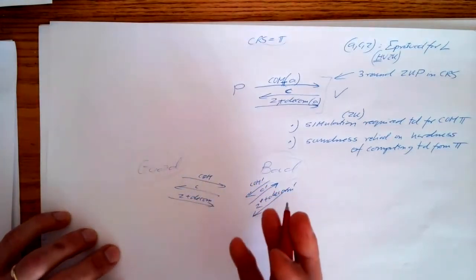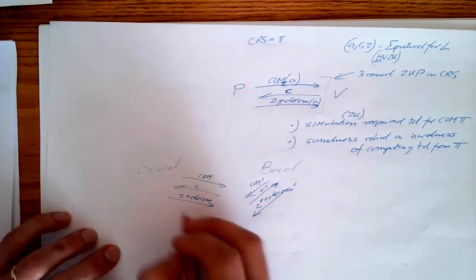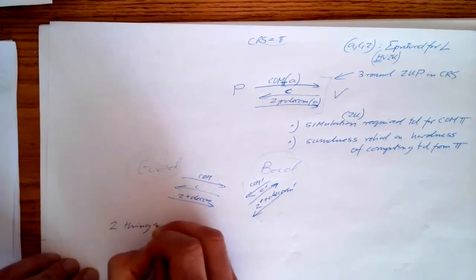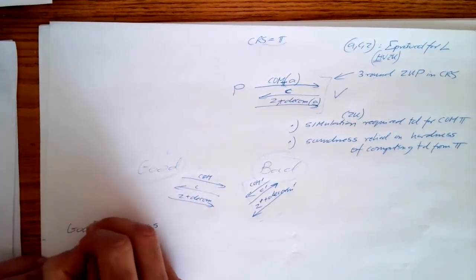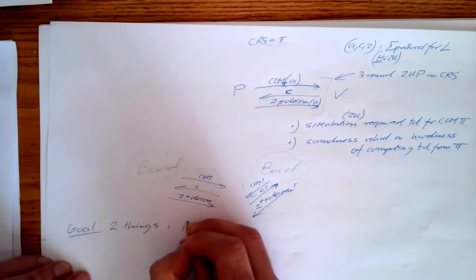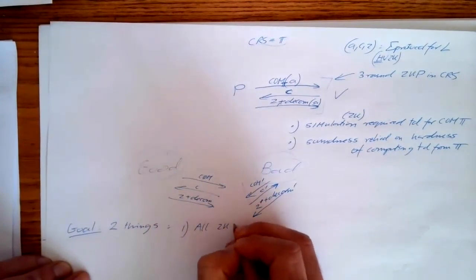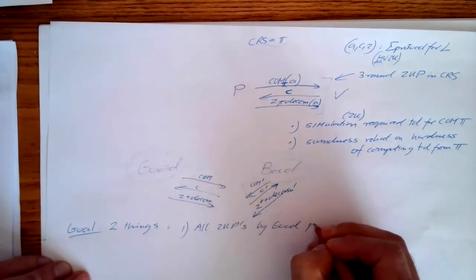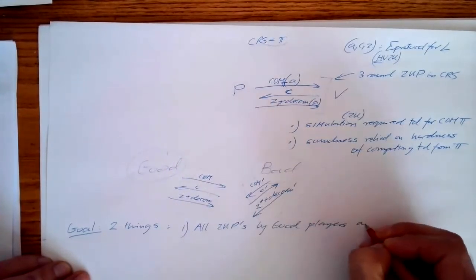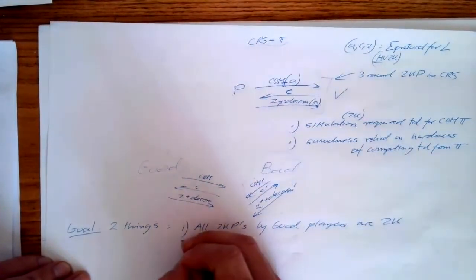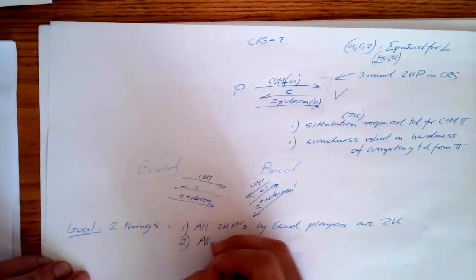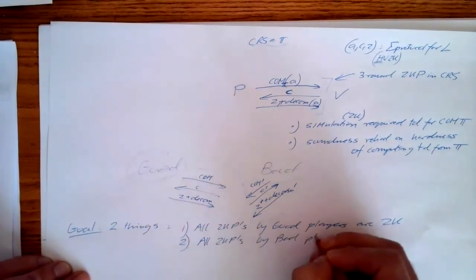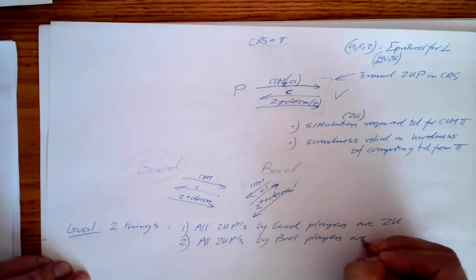And now we want two things. All ZKPs by good players are zero knowledge, so simulatable. All zero knowledge proofs by bad players are sound.